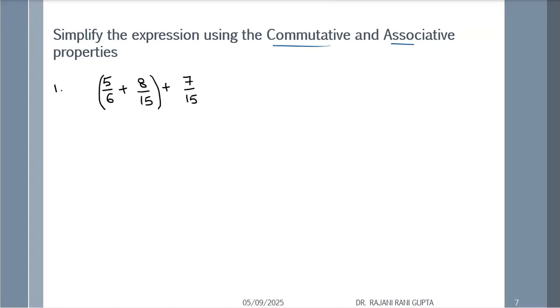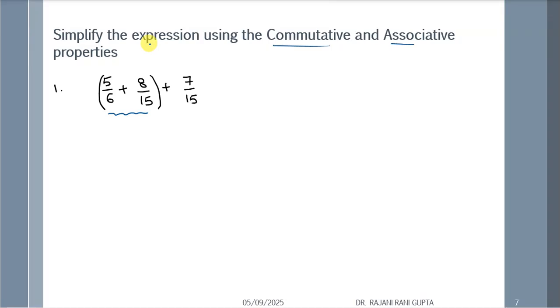These two terms are in the bracket. Now, if you are going to solve this question, first you have to use the BODMAS rule. The BODMAS rule says that first open the bracket. So to open the bracket, you have to simplify this first. So here the denominators are different, 15 and 6.